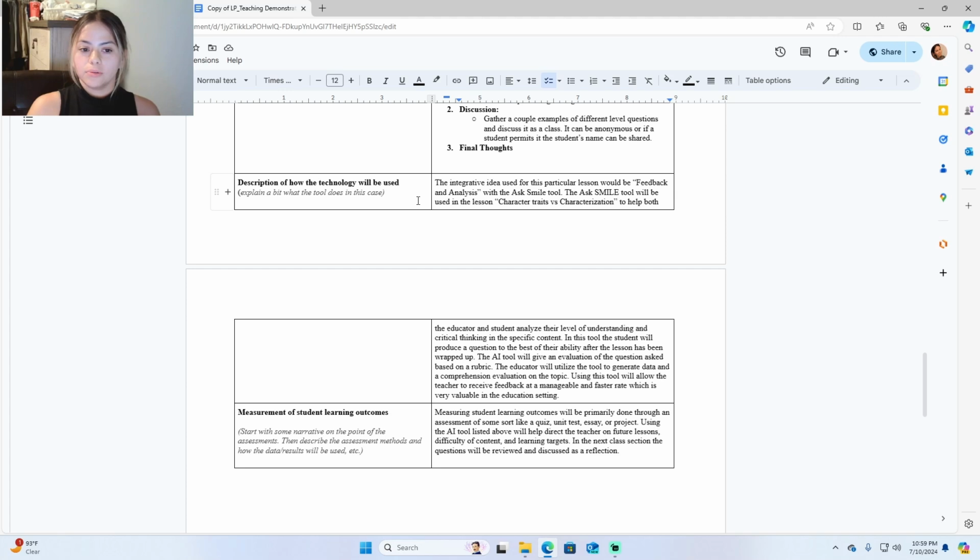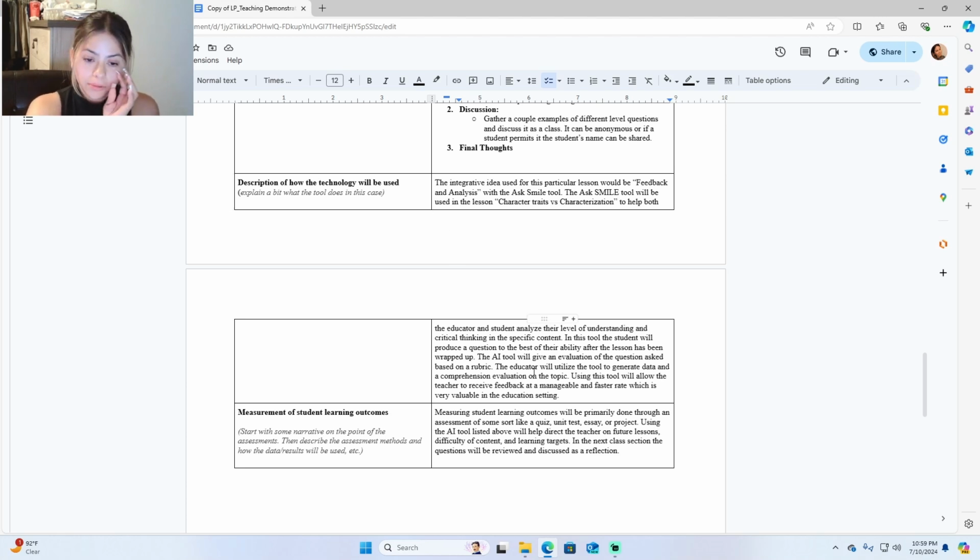This tool will be used to help both the educator and the student. The way it helps both of them is for them to see and analyze the level of understanding and the critical thinking of this specific content. In this tool, the student will produce a question to the best of their ability after the lesson has been wrapped up.